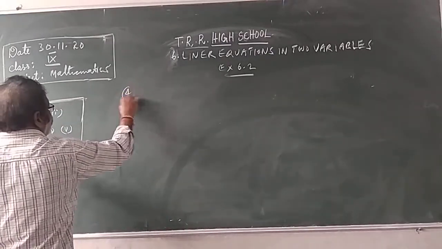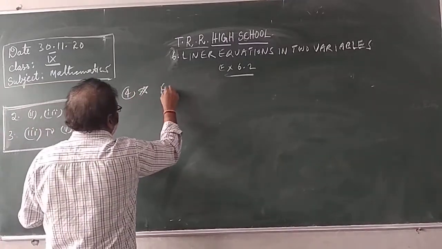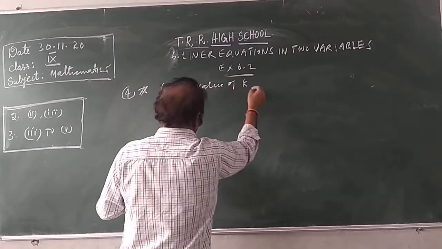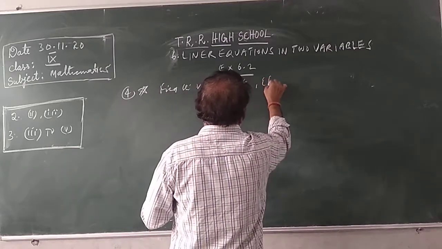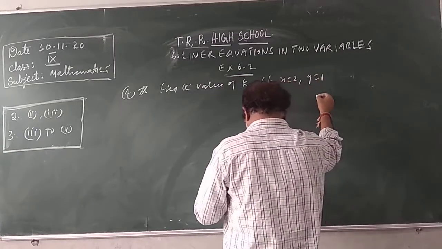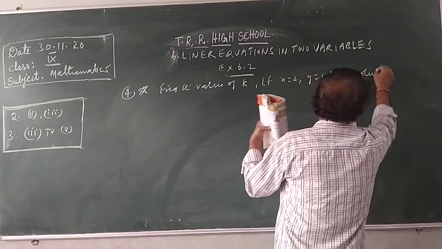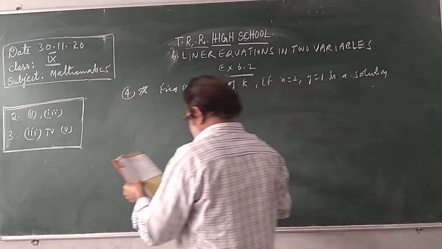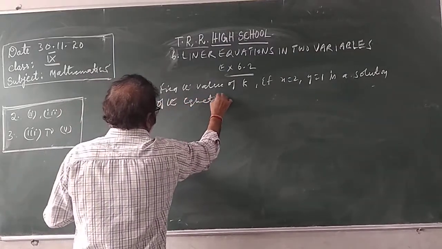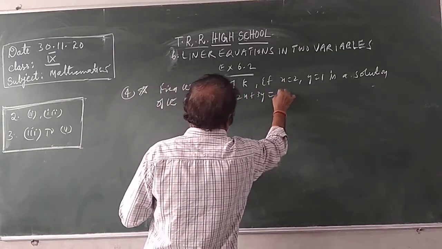Fourth, the most important problem. Find the value of k if x is equal to 1, y is equal to 1 is a solution of the equation 2x plus 3y equal to k.